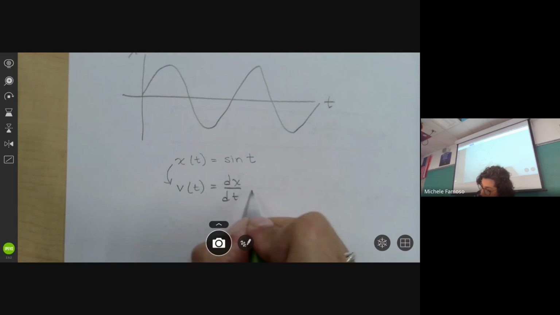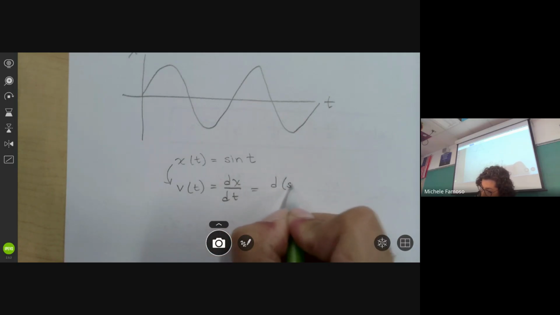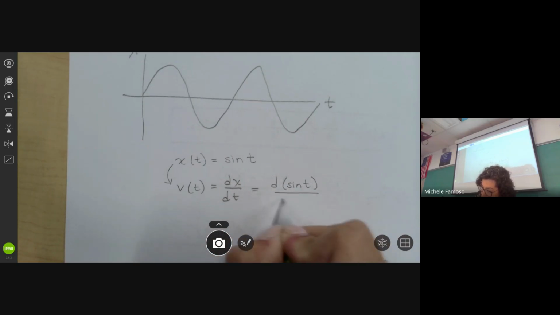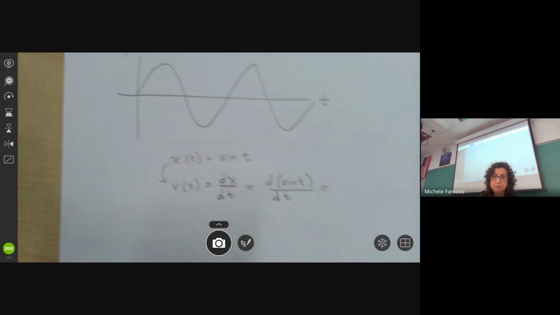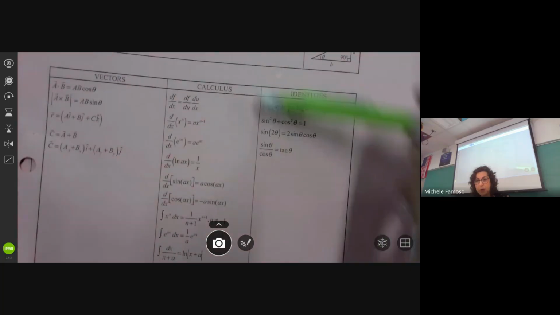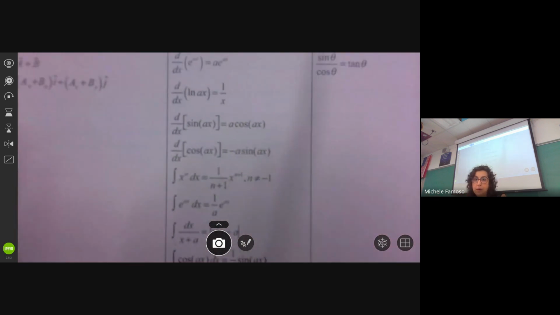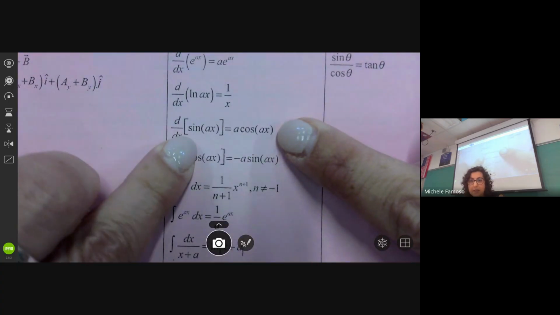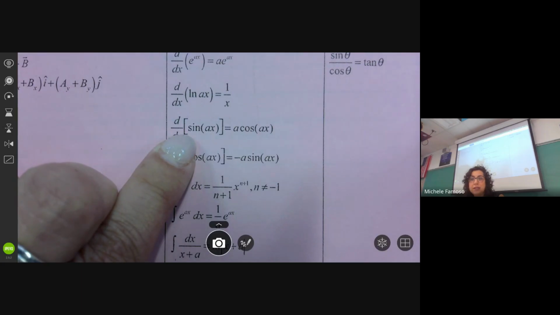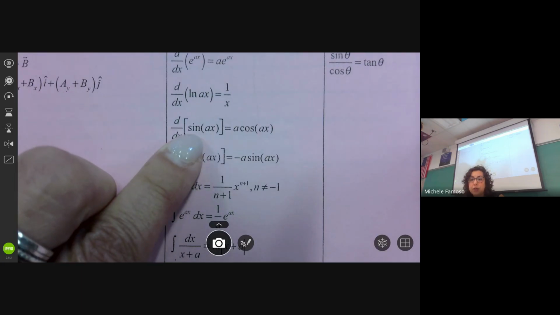This means I need to know what is the derivative of a sine curve with respect to time. So look at your calculus expressions. Do you see anything there that talks about the derivative of a sine? What does it say the derivative of the sine is equal to?